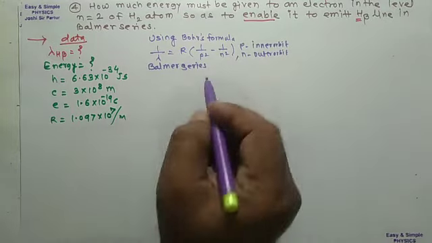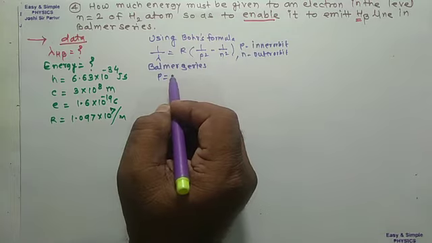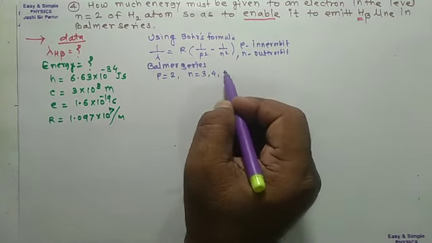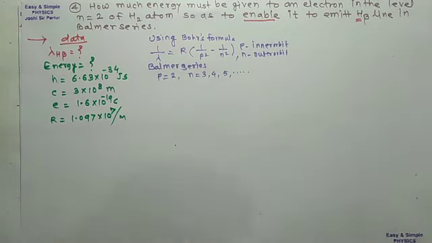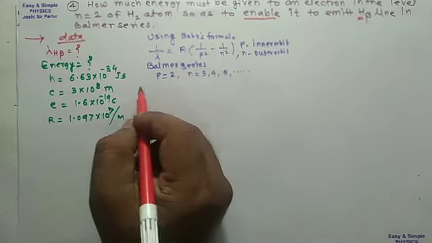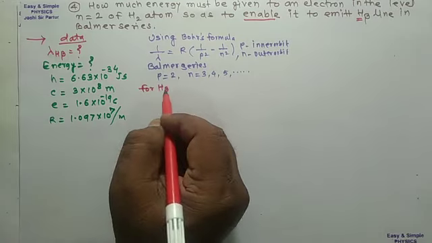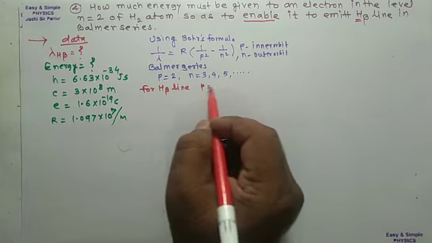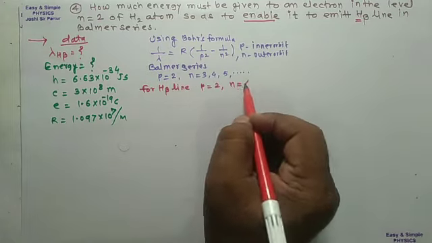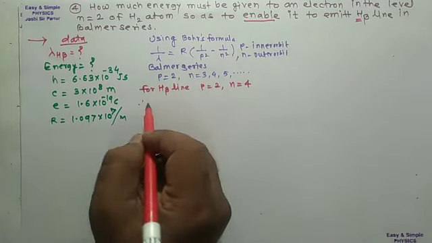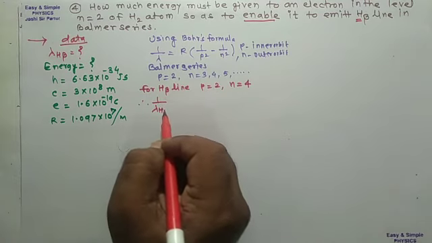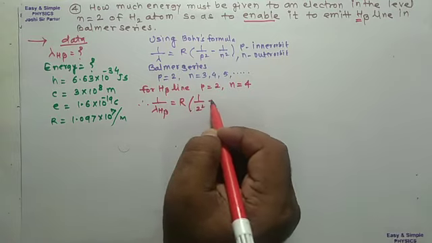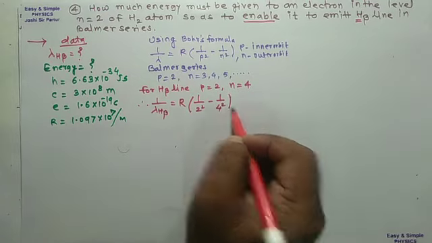For the Balmer series, p equal to 2, n equal to 3, 4, 5, and so on. The H beta line is the second line in the Balmer series, so p equal to 2 but n equal to 4. Therefore 1 upon lambda H beta is equal to R in bracket 1 upon 2 square minus 1 upon 4 square.